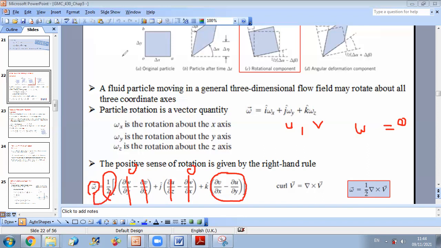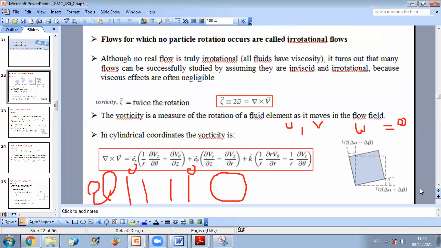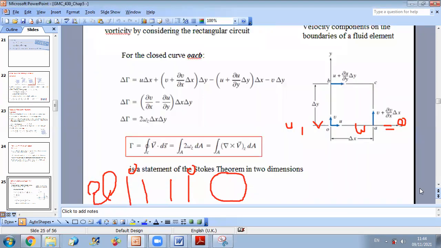Okay? So from here, we can demonstrate that for the case of a 2D flow, the circulation can be computed as 2 omega Z times delta X, delta Y. And delta X, delta Y represents what? It represents the area enclosed by the surface.